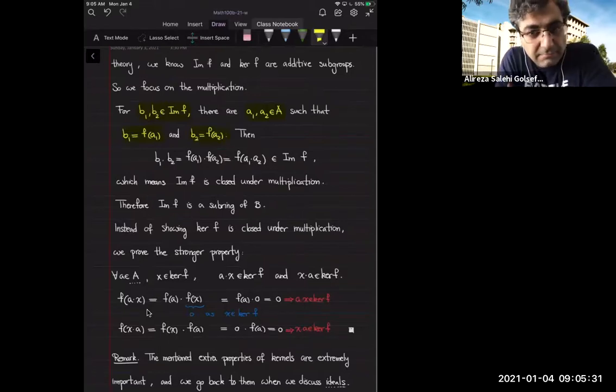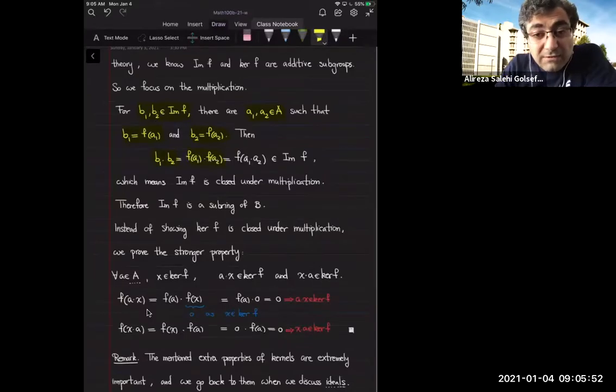Okay, so that means B1 and B2, both of them are in the image of F. Now it's rather easy to understand the product of B1 and B2. So we write down B1 times B2. We substitute what we know, meaning B1 is F of A1 and B2 is F of A2.